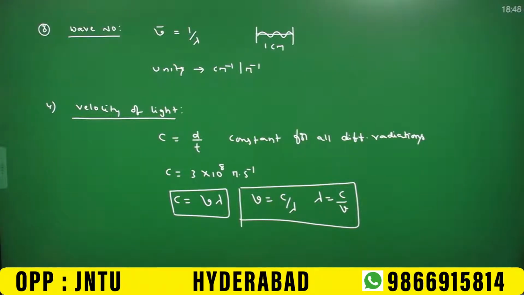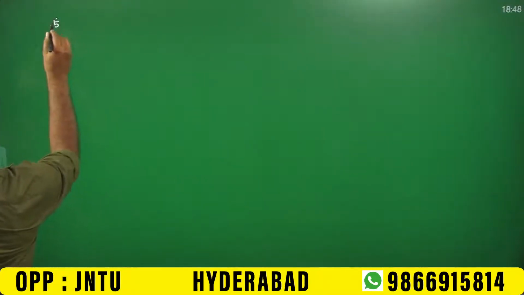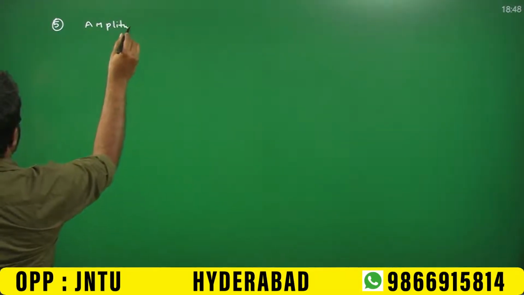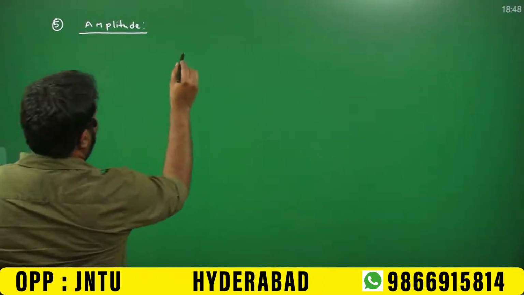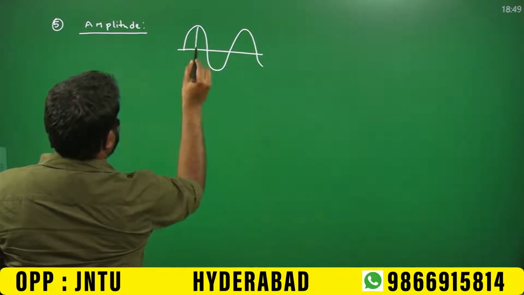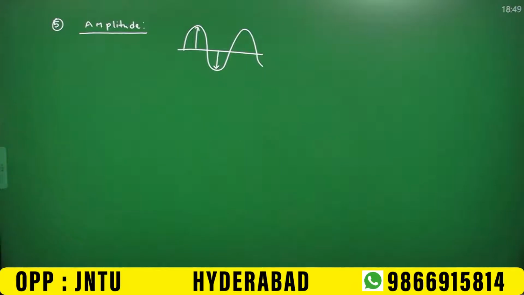Next one, the last one: amplitude. Amplitude means the height of the crest or the depth of the trough.